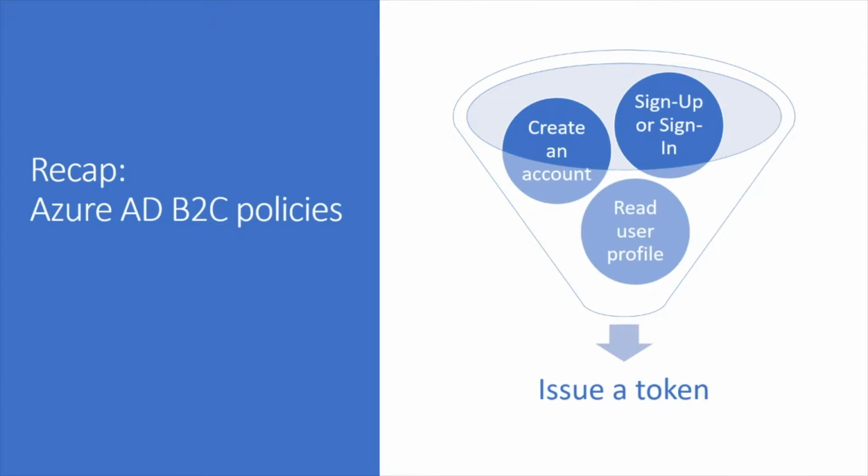As we've discussed in the previous sessions, there are several common functions that applications can use Azure AD B2C to accomplish. Applications integrate with Azure AD B2C by calling endpoints defined by policies or user flows, and each policy or user flow basically represents a unique identity server.